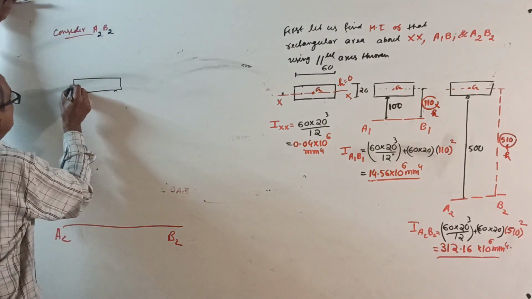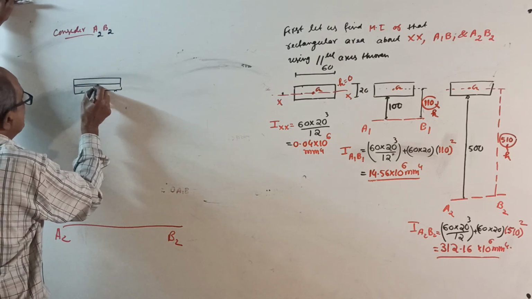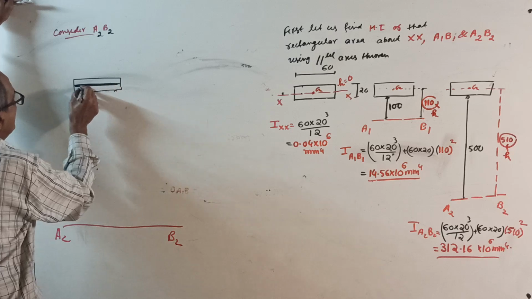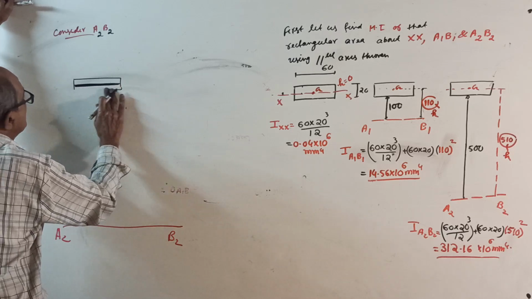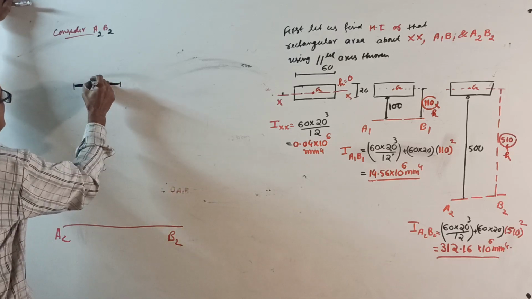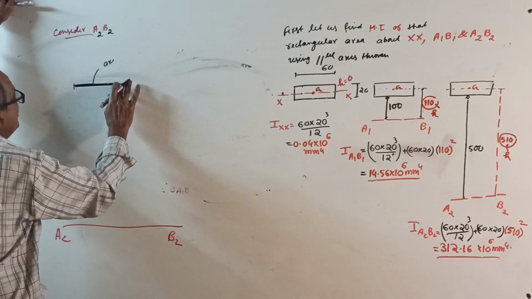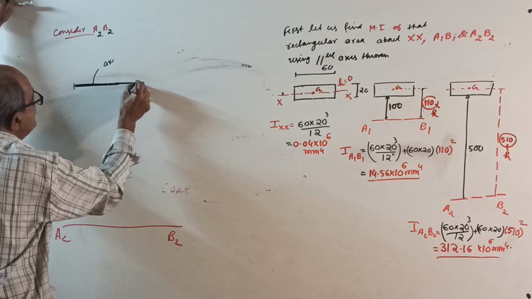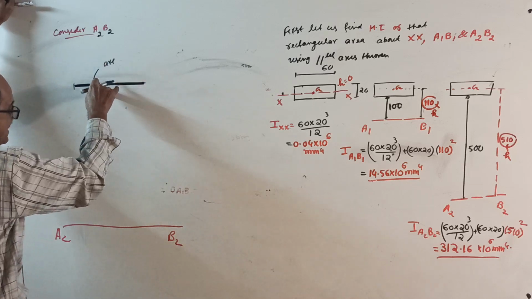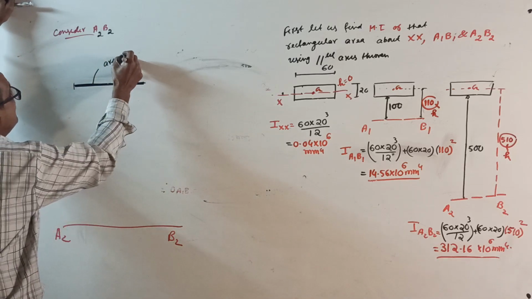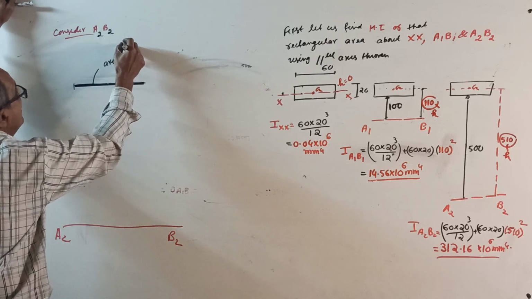First you squeeze it somewhere, then remove the removed area. The area is still equal to 1200.